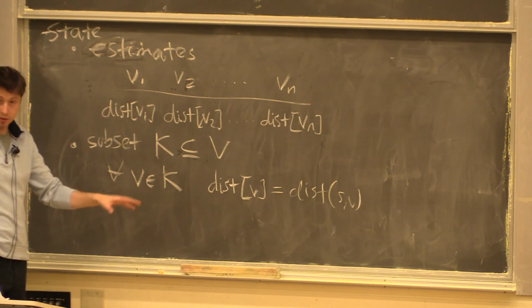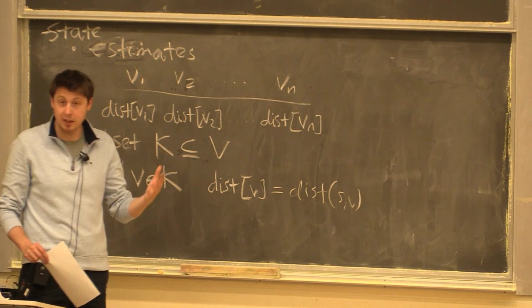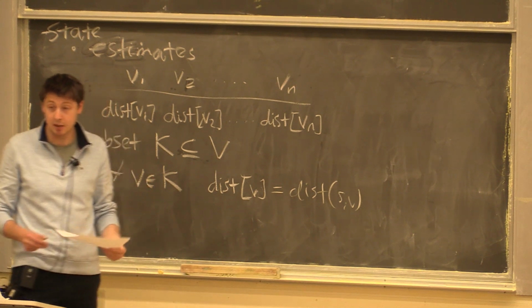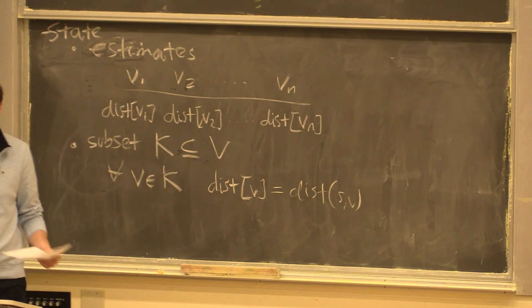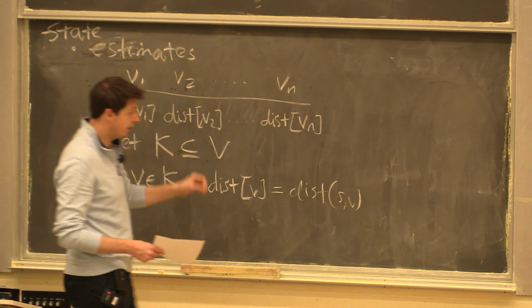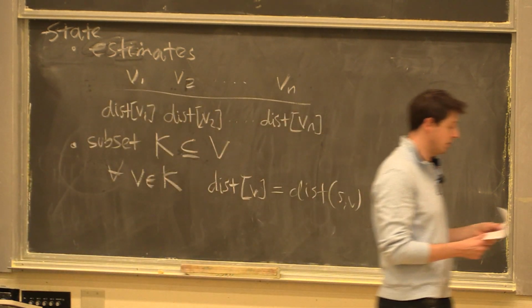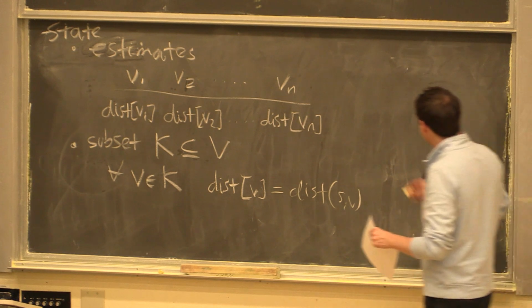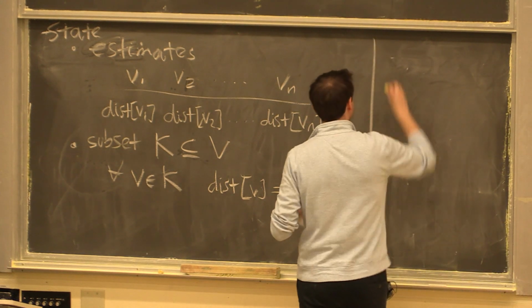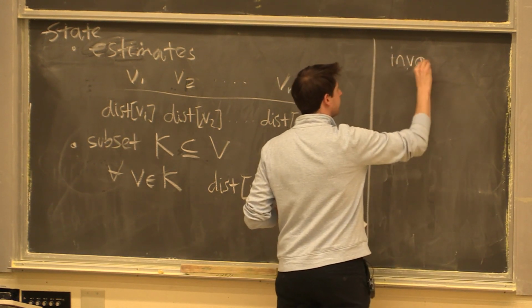It's important that, why does it know? Because mathematically we show some properties, some invariants, so the algorithm makes choices so that when it grows K, it knows that at that point, for everything in K, including a new thing it added, the estimate is correct. Okay, so there's going to be an invariant that we're going to try to maintain about this state.